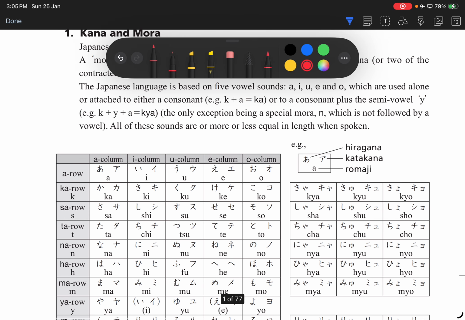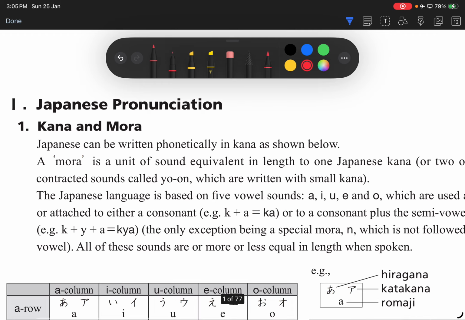Okay, so for Japanese pronunciation, usually we have this thing called the mora. Let me just highlight here. So the mora is basically the sound equivalent of how to pronounce one word. For example, in English we say classroom. Classroom, right, there's like 4 syllables.